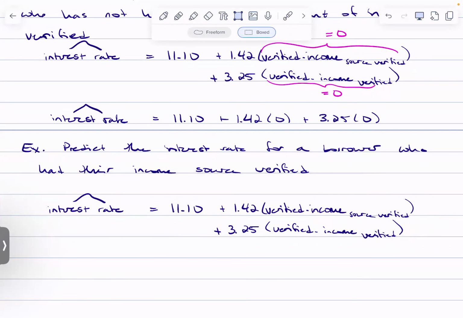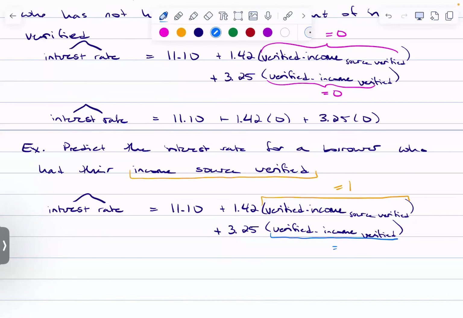Now, the source verified, so they had their income source verified, which means that this is turned on. They didn't have both verified, and so this is still off, right? Only one of those can be on at the same time.